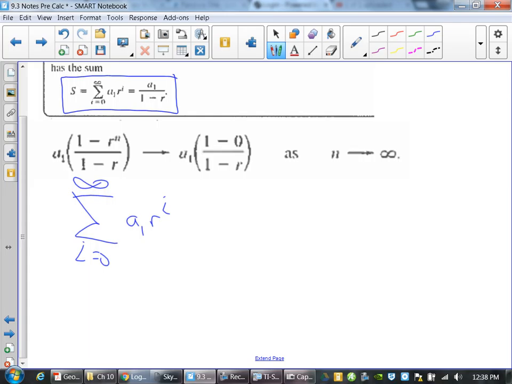So what happens here is that this is going to be your first term over 1 minus your rate. That's how you find the sum. The pre-calc book writes it a little bit differently than what you saw last year. Let me write it out the way they did it.